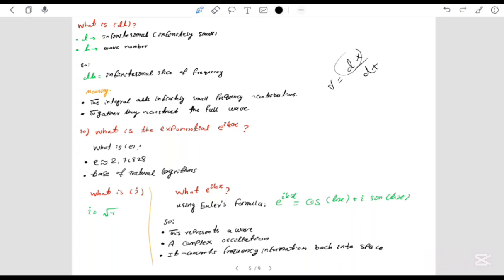To reverse back and find the position, we take the integral: multiply both sides by dt, cancel out, and we have dx equals v dt. Then we integrate both sides. The integral of dx is x plus c. We write x equals the integral of v of t dt plus c.